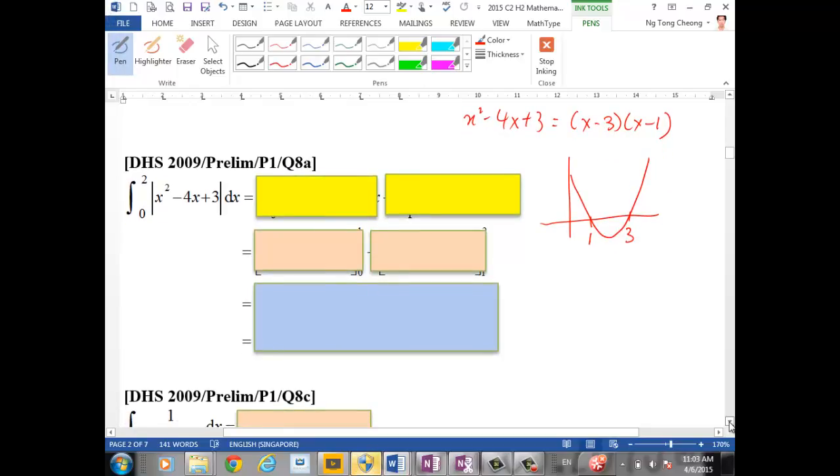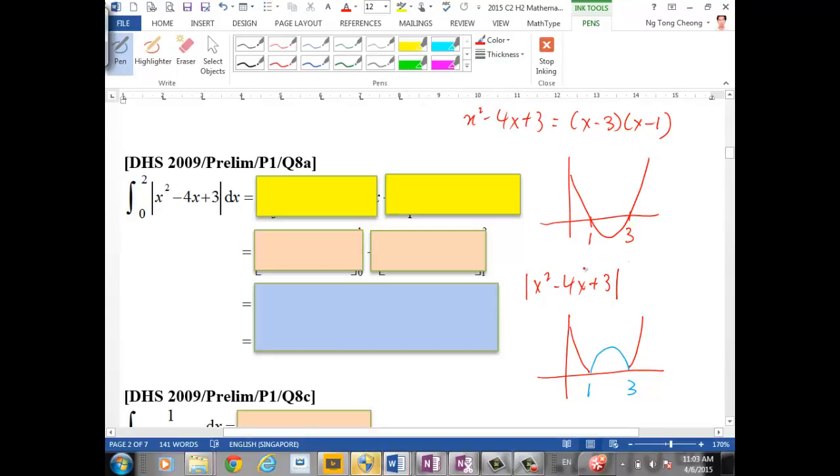Then if you can recall the graphing technique chapter, what is the modulus graph like? Right, the modulus graph will be like this. This part retains, this part also retains. The only part is this part here, whereby it's being reflected. Okay.